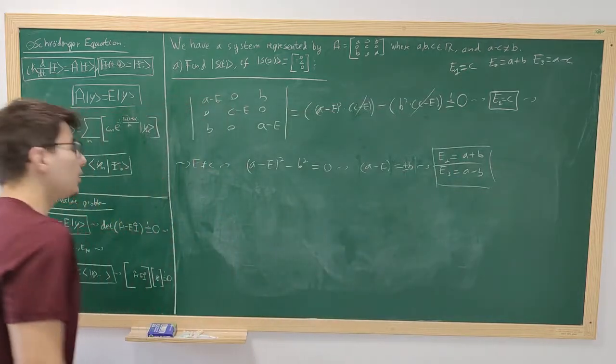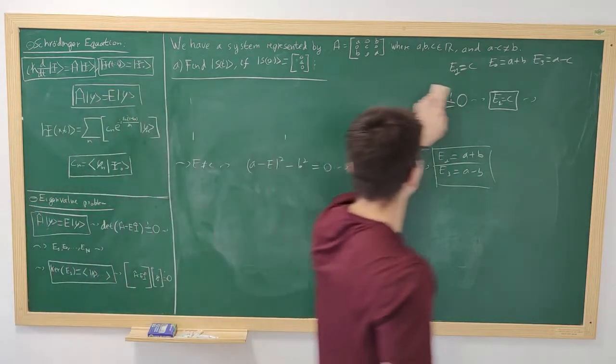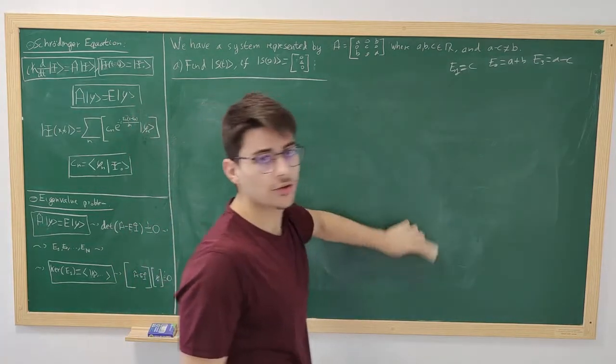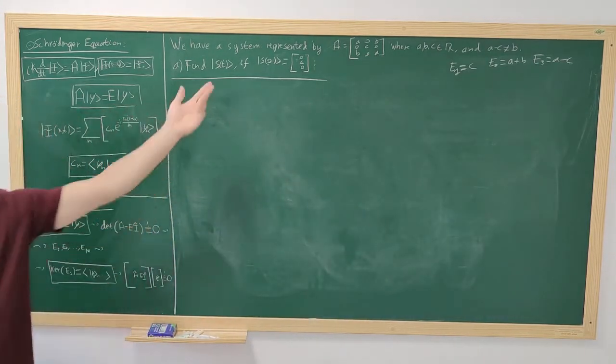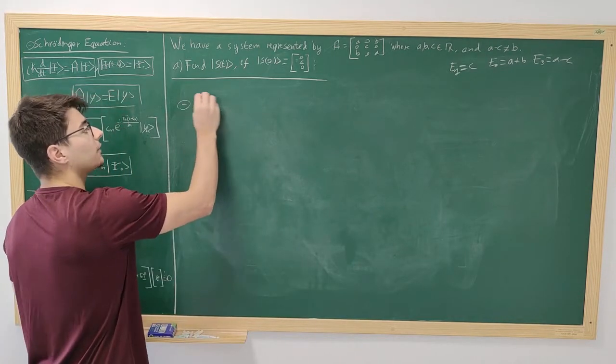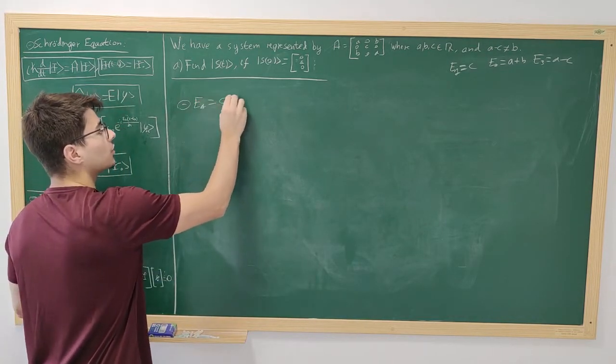Let me erase this and we will find the eigenvectors. As you see, it's not too hard to find the eigenvalues of the Hamiltonian when it's given in matrix form. Now, what is the eigenvector associated with E1 equals c?